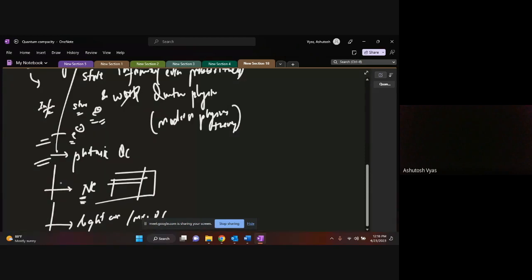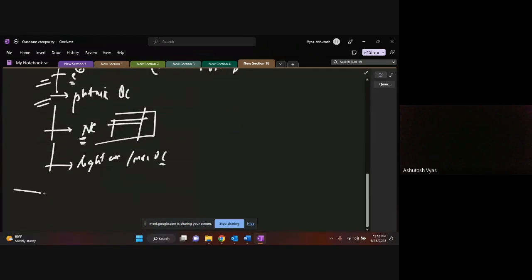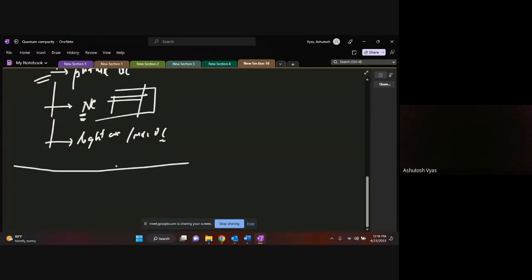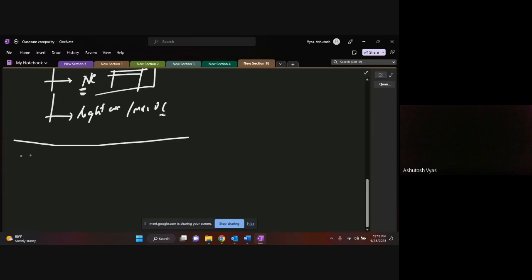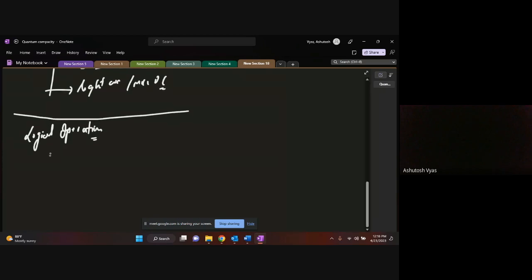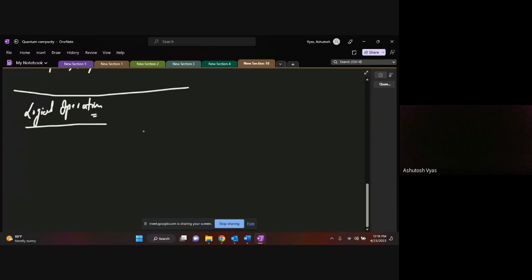But let's talk about quantum computing from a logical operational perspective, right? How we are going to perform logical operations. What is the mechanism which we will follow to perform logical operations on our systems, right? So let's try to create a reference between the two, and then maybe it will be more clear.